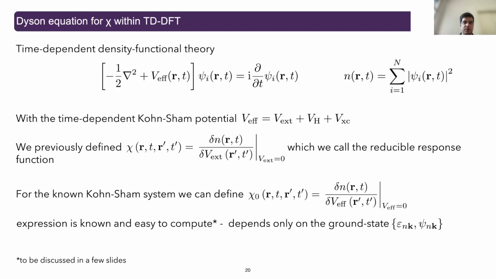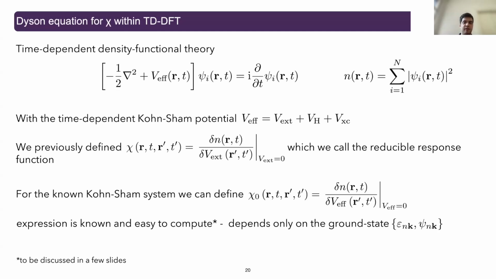In this framework, you treat your quantum electrons as evolving under time-dependent exchange correlation and external potentials. All quantities are now a functional of the density, which is also time-dependent. But how do we compute the density-density response function in this framework? Well, we have previously defined the response function as the functional derivative of the density with respect to the external potential, which we are going to name the reducible response function.